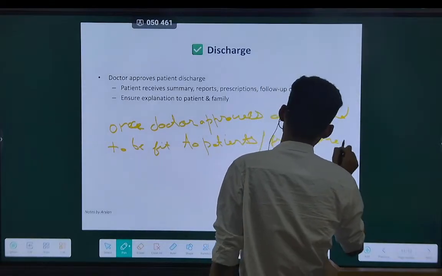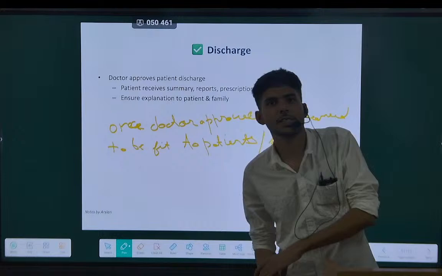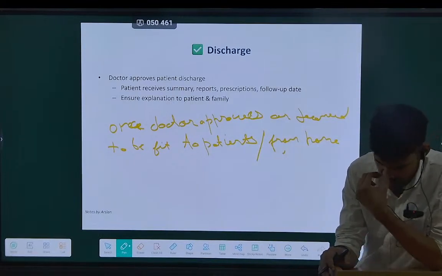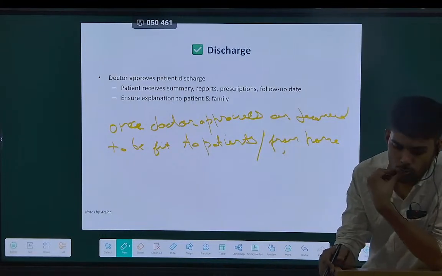He does not need to be kept under observation anymore, and the patient can go home.